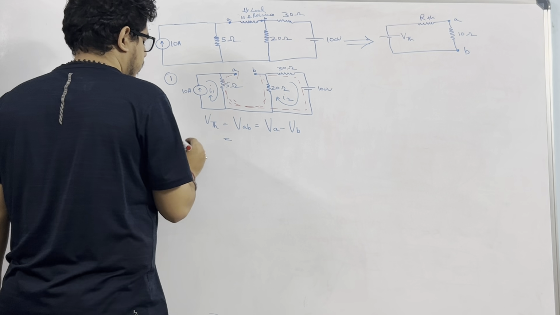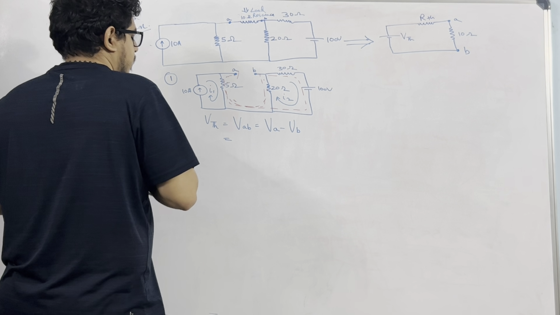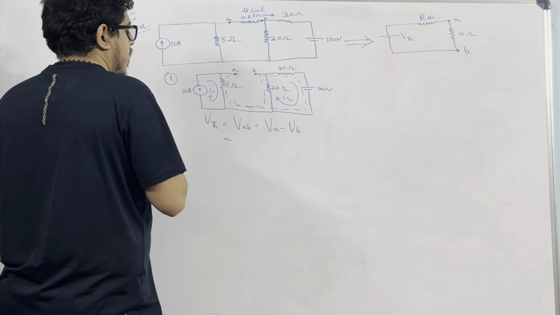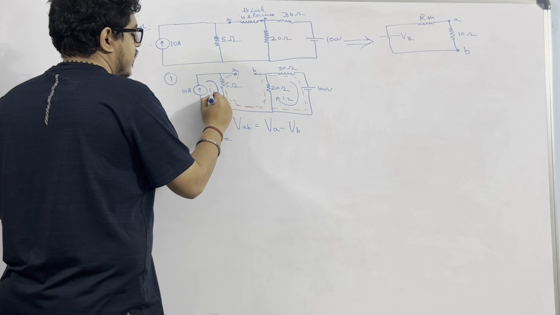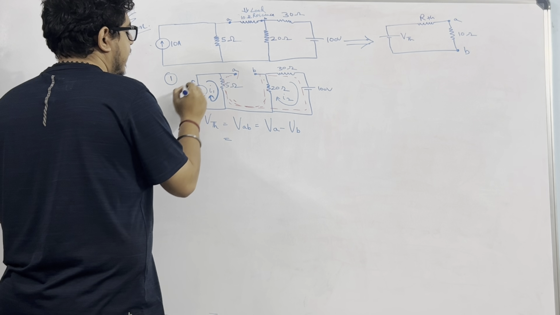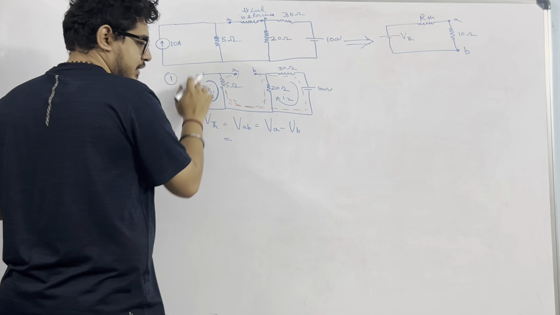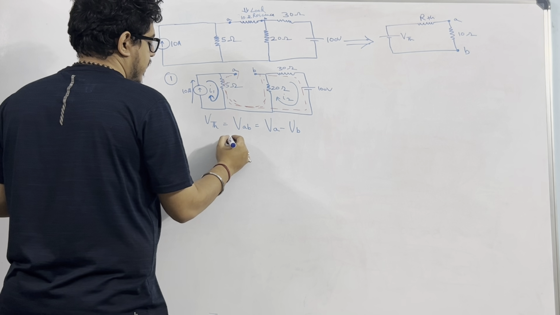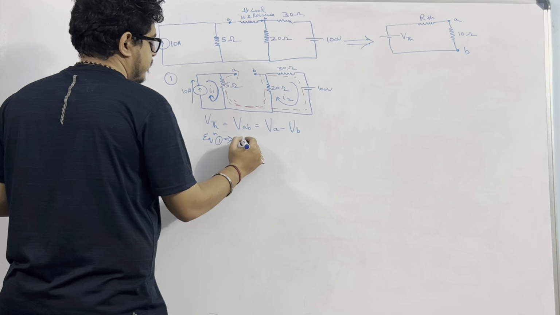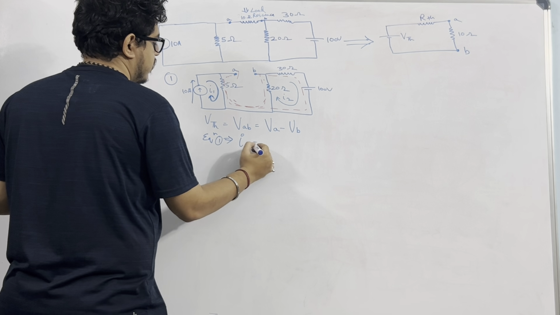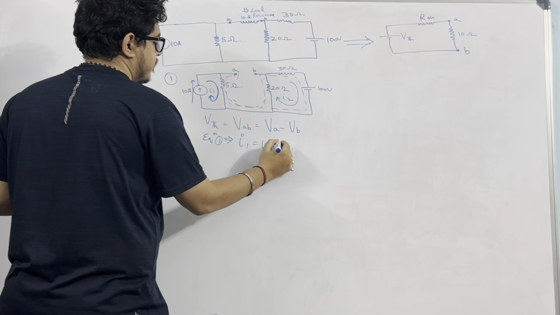So here, equation 1. I assume the direction of current like this, and the current source is maintaining a current of 10 amperes in the same direction. So directly, equation 1: I1 equal to 10 amperes.